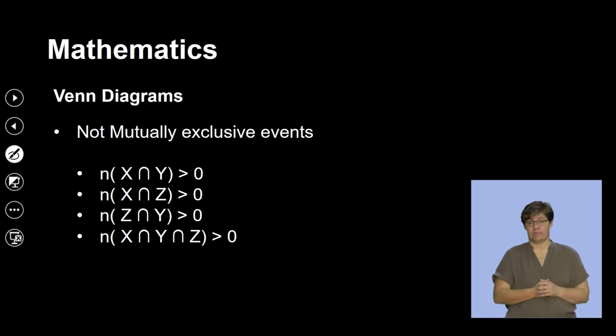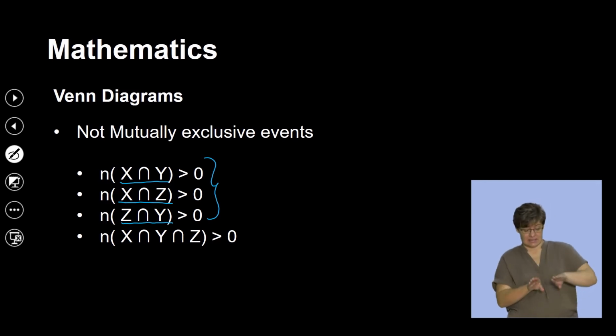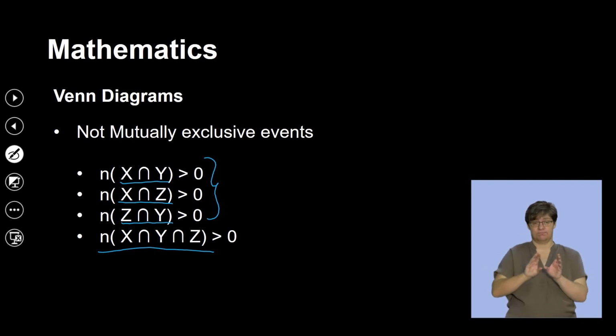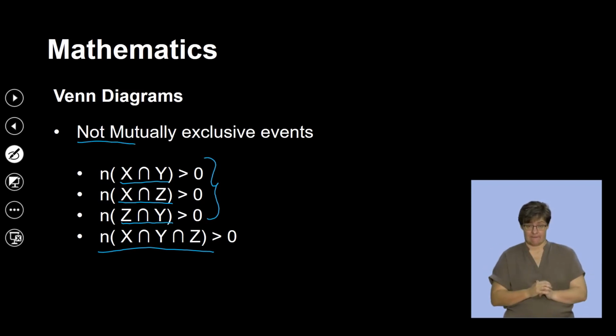We can recognize that there is an element in the intersection between X and Y, between X and Z, Z and Y, and there's an element in the intersection of all three of them. Because of that, these are not mutually exclusive. And that's very important.